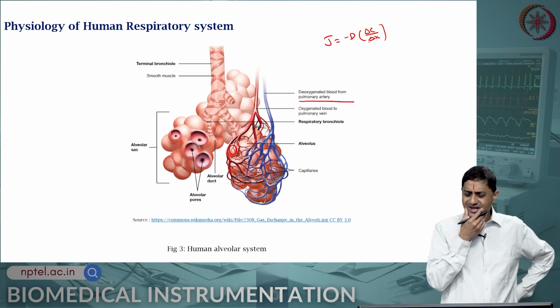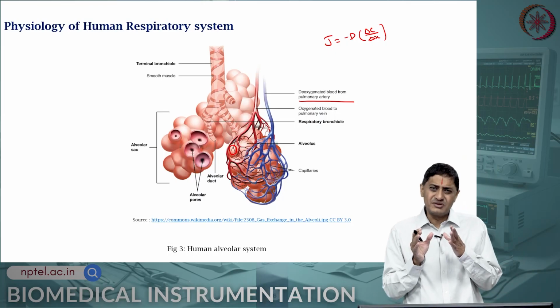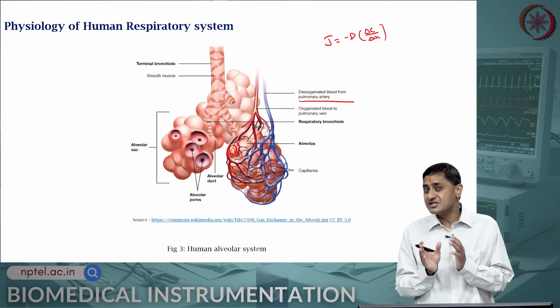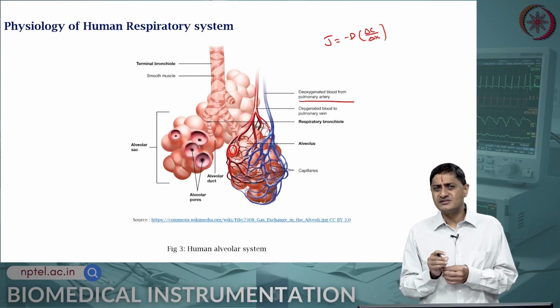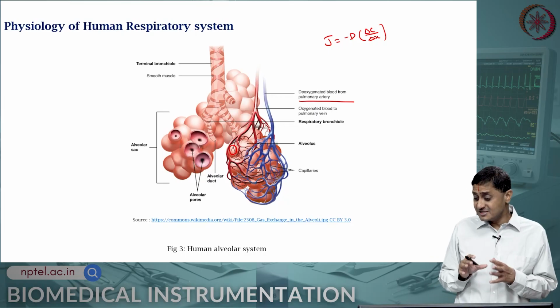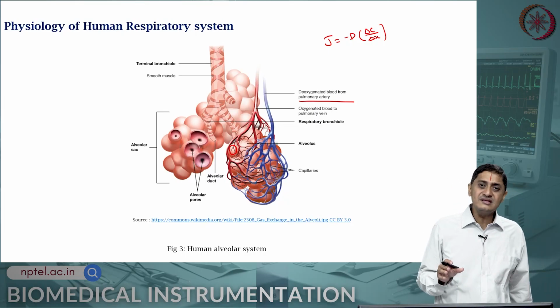Now, of course, the concentration gradient is huge between the amount of oxygen that is present in the alveoli, which is much higher than the amount of oxygen that is present in the deoxygenated blood. So, there is a concentration gradient, but the respiratory system maximizes this efficiency by several things.